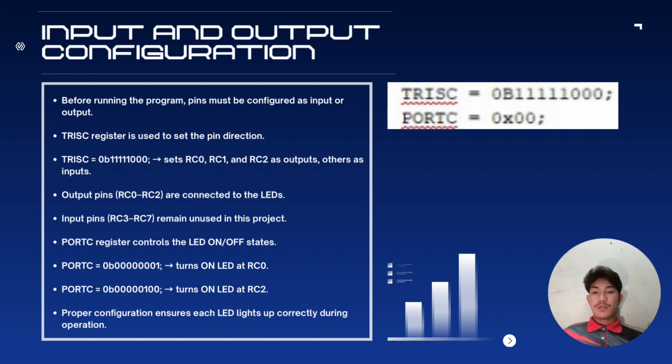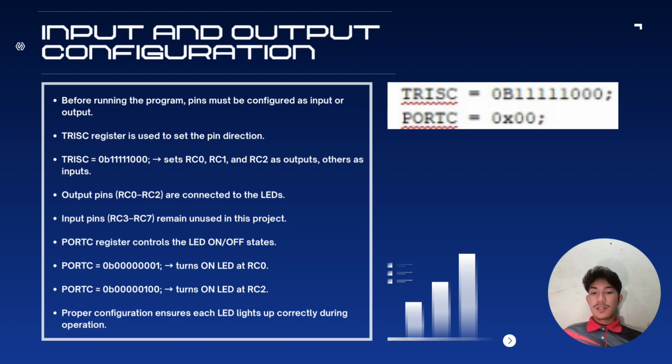Then TRISC equals a binary number that sets RC0, RC1 and RC2 as outputs, and the others as inputs. Then output pins RC0 to RC2 are connected to the LEDs, and input pins RC3 to RC7 remain unused in this project.